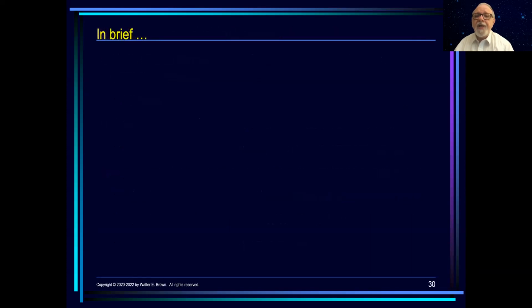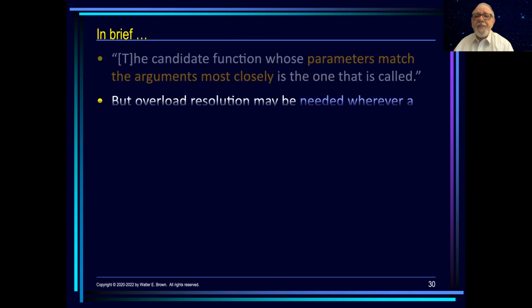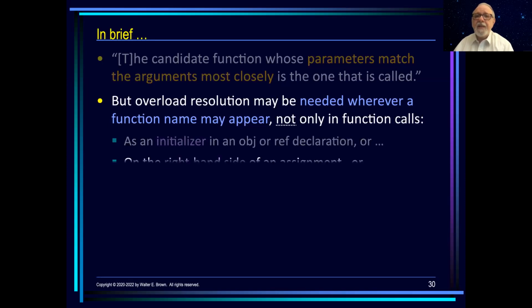So the big picture here is, quote, the candidate function whose parameters match the arguments most closely is the one that is called. But keep in mind that overload resolution might be needed wherever a function name may appear, and that's not only in calls. So here's a short list of possibilities. A function name could appear as an initializer in a declaration of an object or a reference. It could appear on the right-hand side of an assignment.